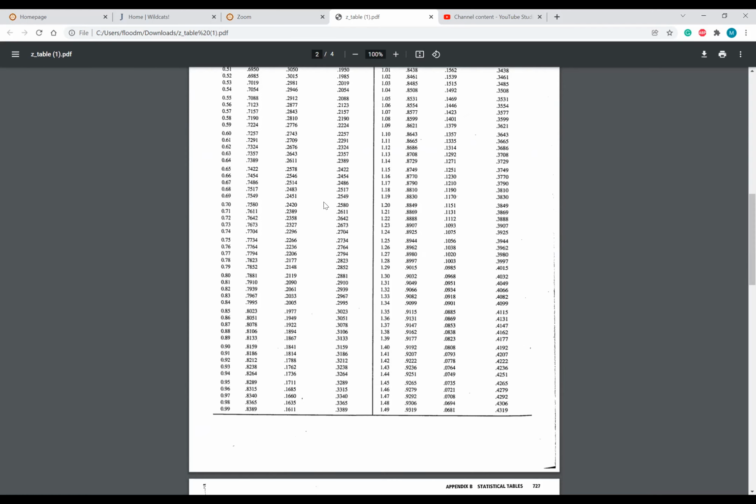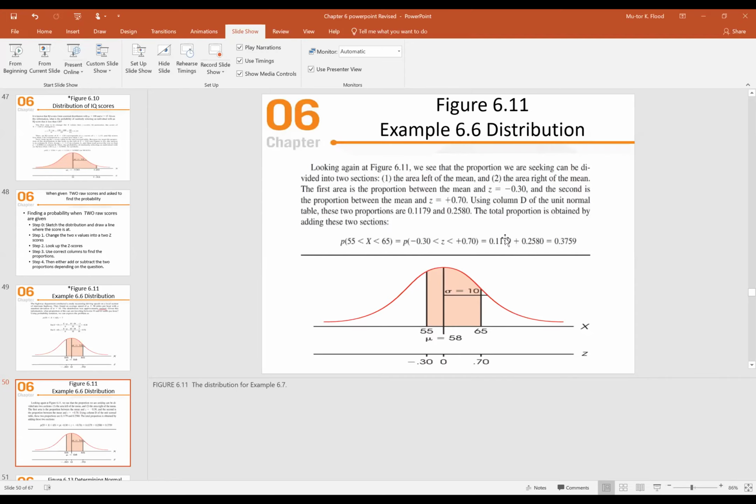And in column D, that proportion is 0.2580. Then we add those two proportions up, and that gives us a proportion of, I believe it was 0.3759. Yeah. And that would be the answer to your question.